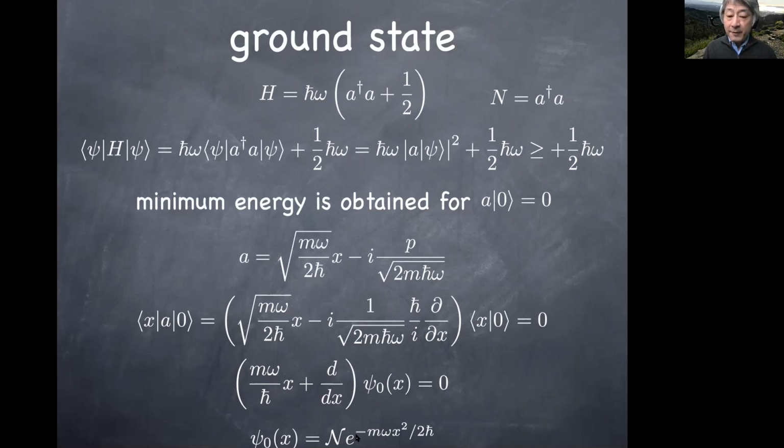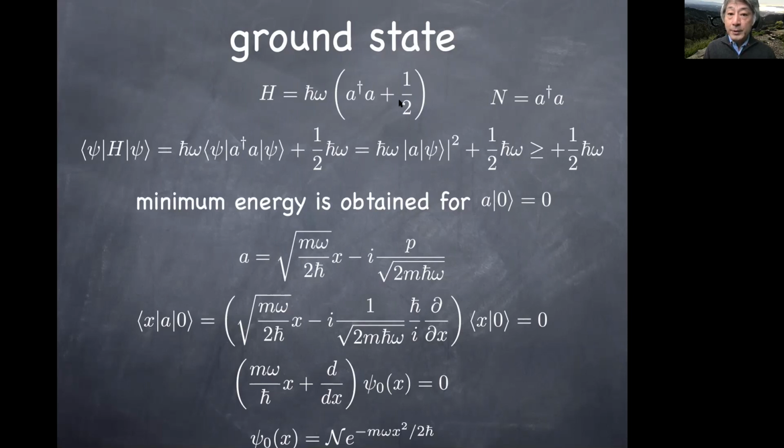And the ground state wave function is determined from this condition that it is annihilated by this annihilation operator. So when you act the Hamiltonian operator on the ground state, the first term has A now acting on the ground state, that gives you 0. So A dagger A is 0 on the ground state.